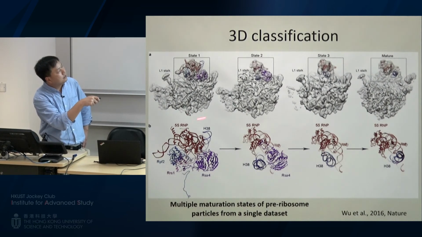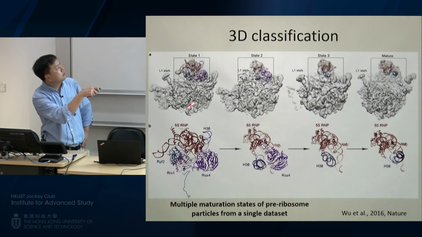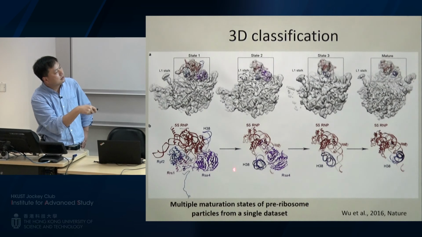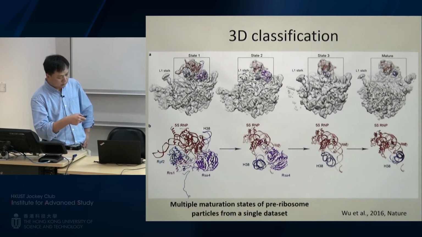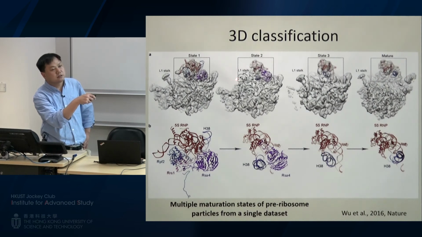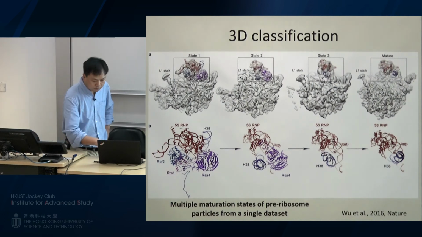The structures are different and their compositions also vary a little bit. For example, in structure 1, you will see more proteins. In another structure, you will see fewer proteins. So this reflects that in solution, a big complex tends to have certain components dissociating from the big one. So one purpose of 3D classification is that we can find different subpopulations.